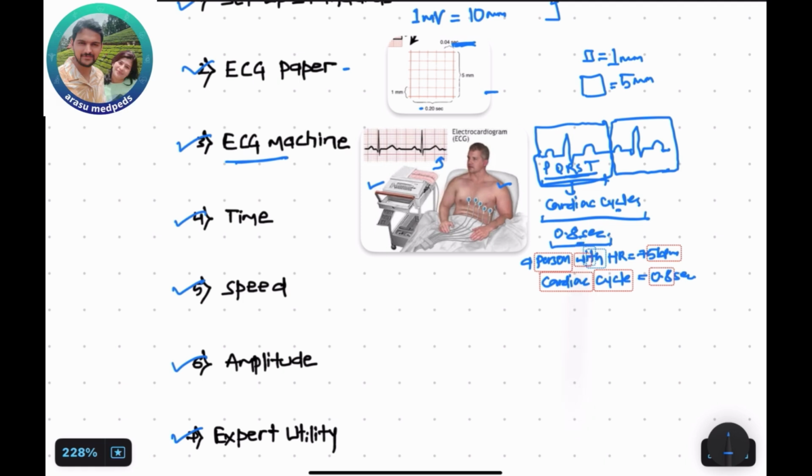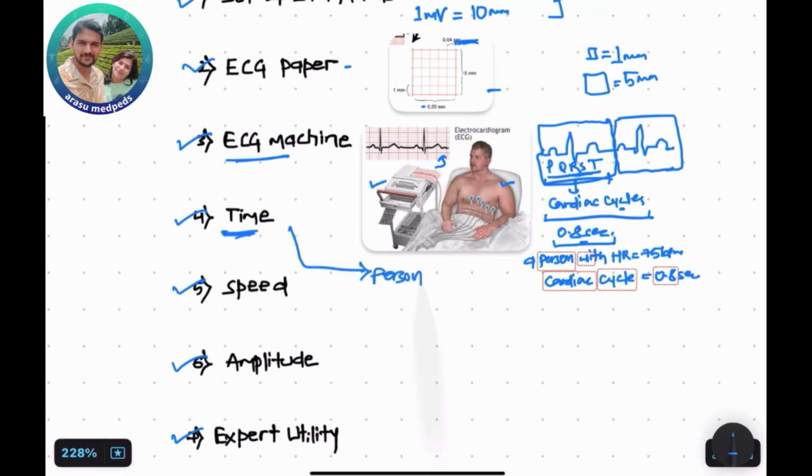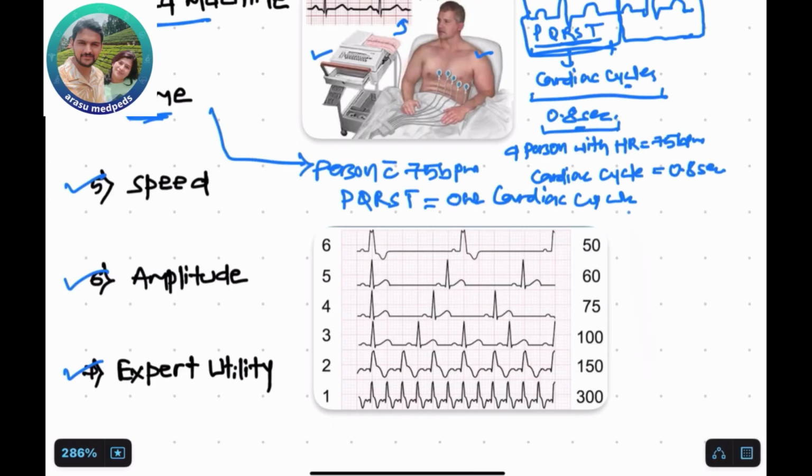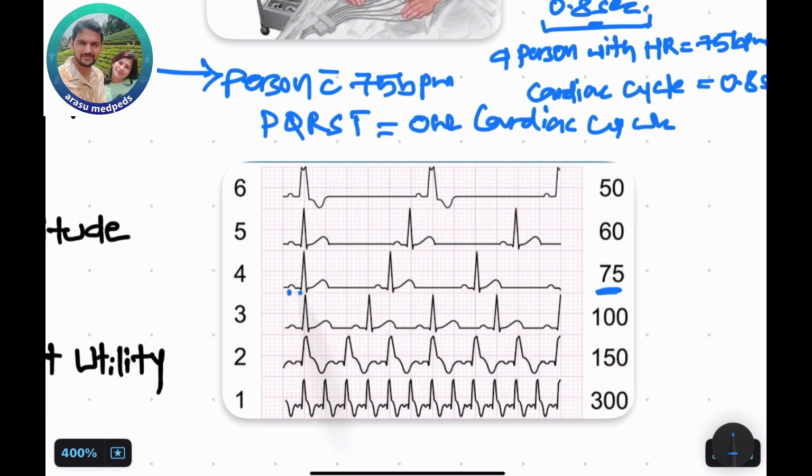So in a person with 75 beats per minute, a physiologically totally normal individual, this PQRST segment, or overall waveform, gives one cardiac cycle. Who was that person in this chart? It is here, right? A 75 beats per minute individual whose recorded ECG was like this, PQRST.